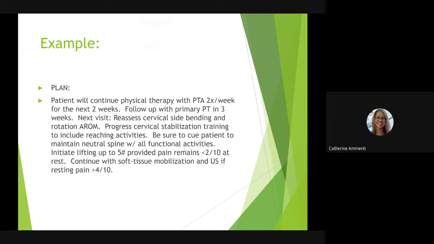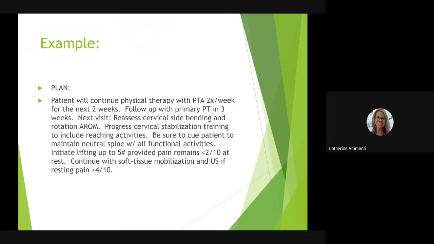But I do like that it says provided pain is less than 2. So I know lifting a 5-pound weight is going to be a desired progression if the pain meets our criteria. And if the pain isn't meeting our criteria, it's more than a 4 out of 10, maybe we're not getting to that. We have an alternative plan to continue with soft tissue mobilization and ultrasound if the resting pain is more than 4 out of 10.